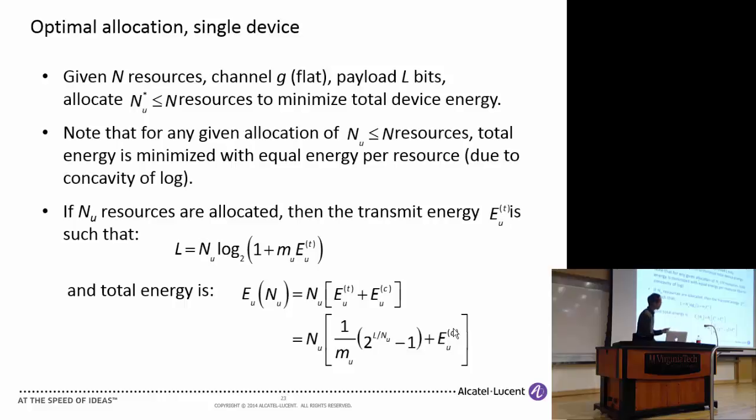We want to minimize the energy of that device. And okay, we note that for any allocation of nu resources, so let's say I allocate 5 resources to this device to communicate L bits, how do I determine how much energy I put into each of these 5 resources?